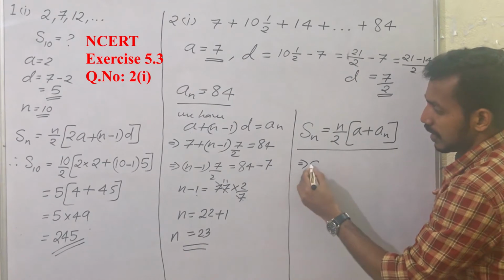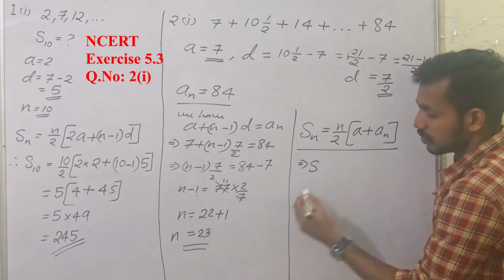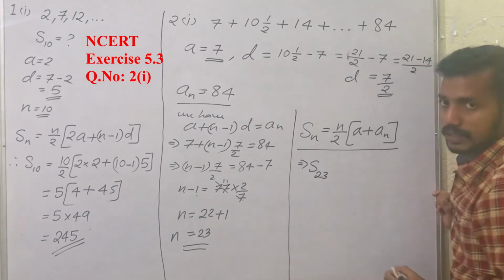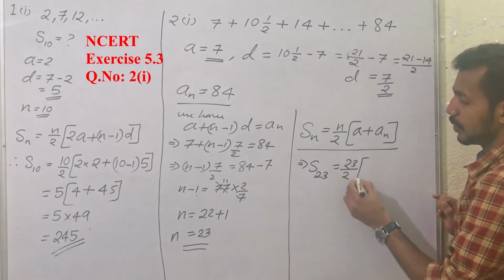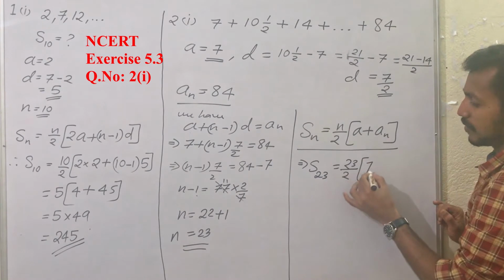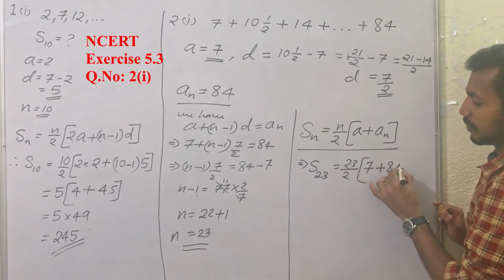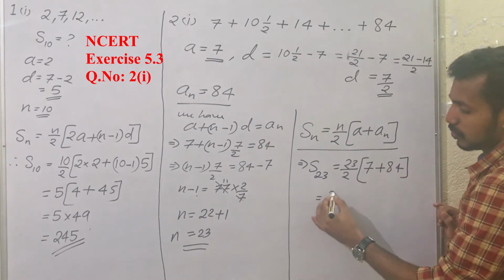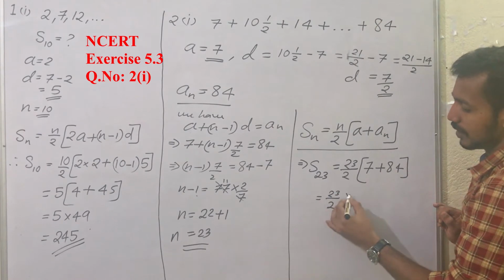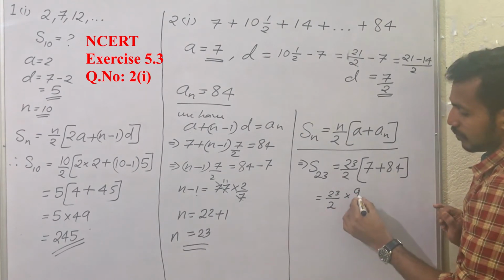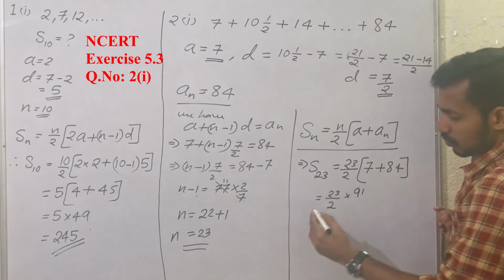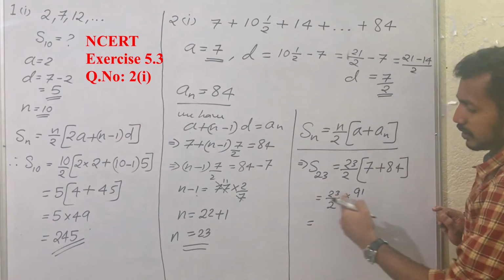How many terms are there? 23 terms. S23 is equal to 23 by 2 into (a plus an), where a is 7 and an is 84. That is 23 by 2 into 91, which is 23 into 91 divided by 2.